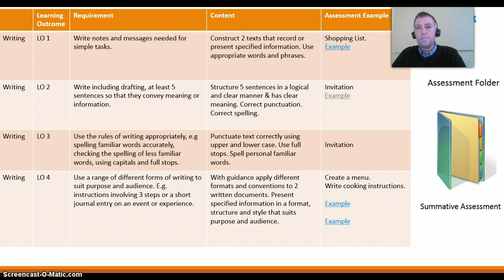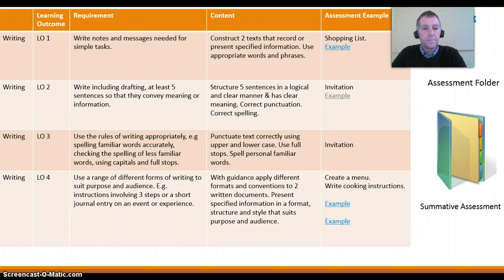In the level 2 writing component, there are 4 learning outcomes that you will need to cover. Learning outcome 1 is write notes and messages needed for simple tasks. Learning outcome 2, write including drafting at least 5 sentences so that they convey meaning or information.